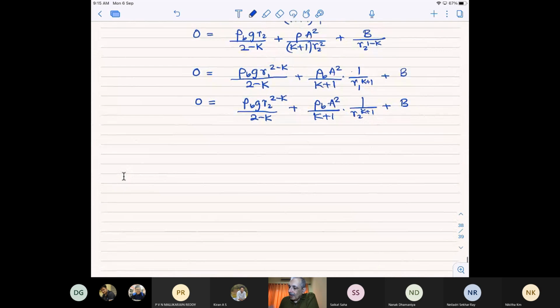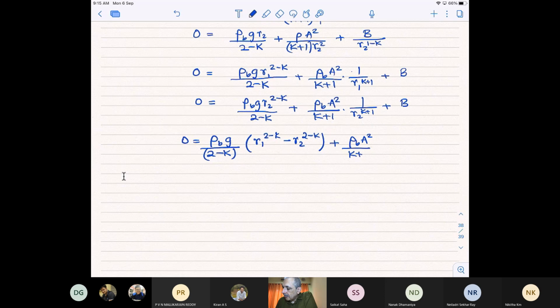Okay, is this correct? Now I'll do the subtraction. And so what I'll get is 0 is equal to rho b g divided by 2 minus k into r1 raised to the power of 2 minus k minus r2 raised to the power of 2 minus k, plus rho b into a squared divided by k plus 1 into 1 by r1 raised to the power of k plus 1 minus 1 by r2 raised to the power of k plus 1.